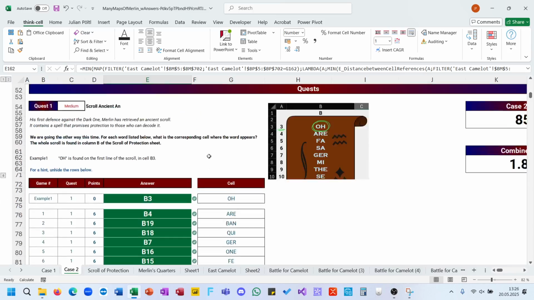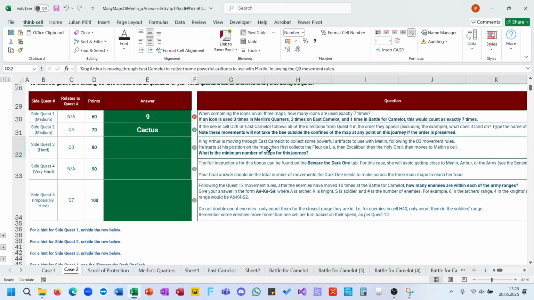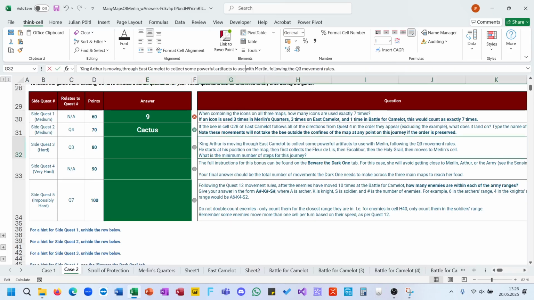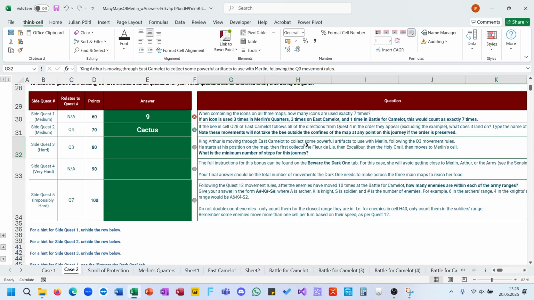Okay, okay. Arthur, then Fleur de Lis, Excalibur, Holy Grail, and Merlin cells.